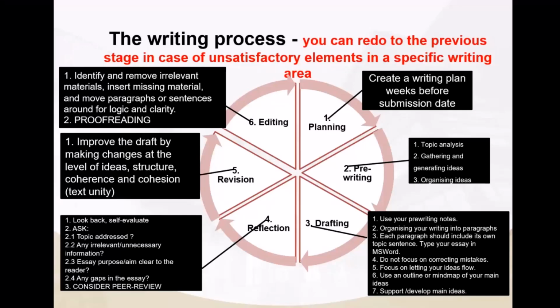Type your essay using MS Word. 4, do not focus on correcting mistakes at this phase or during the stage of drafting. Focus on letting your ideas flow. 6, use an outline or mind map of your main ideas. 7, support or develop the main ideas. That is the drafting phase. Phase number 4, which is reflection.